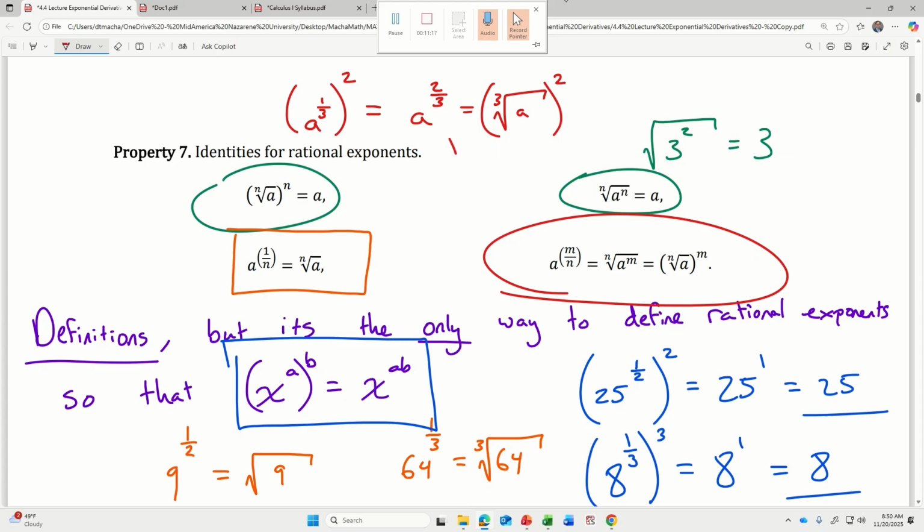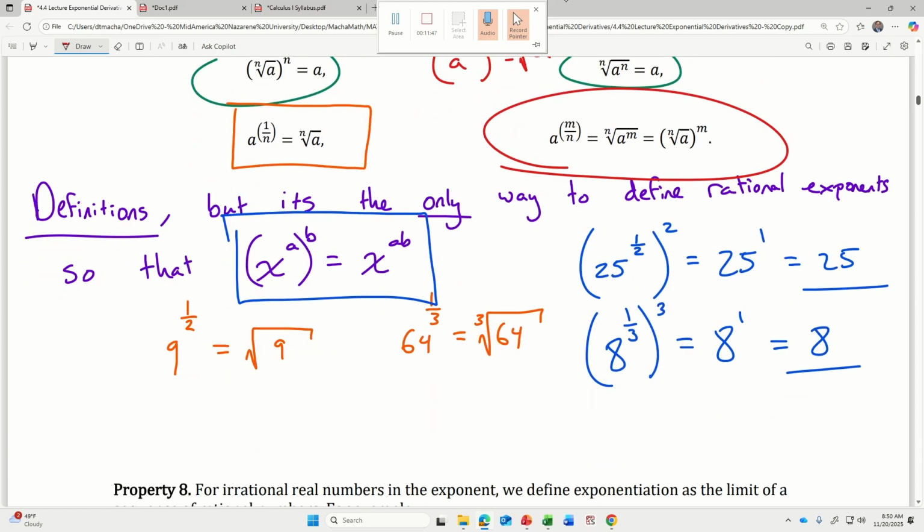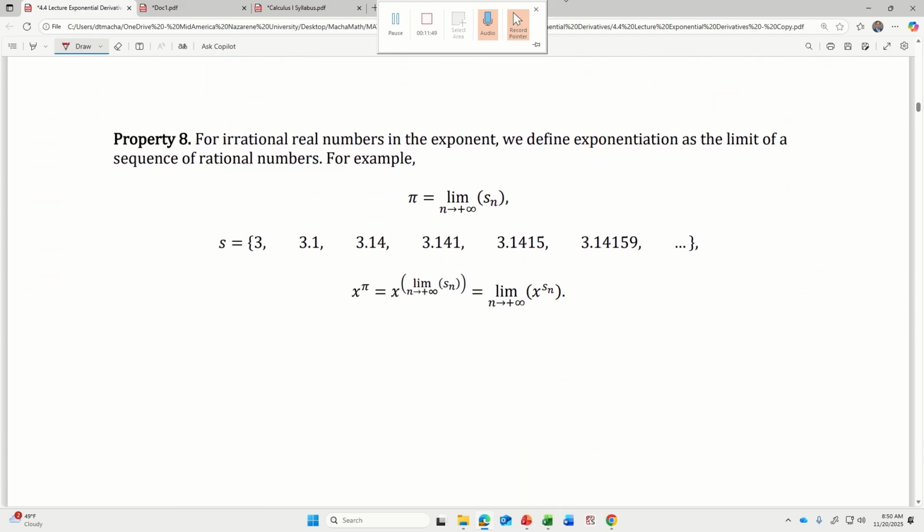And besides, that's the same thing as a to the 2 power raised to the 1/3, isn't it? Because of the exponent power rule. So that's the same thing as the cube root of a squared. In other words, it doesn't matter what order you take the cube root and the square, whether you take the cube root first and then square it, or the square first and then cube root it, it's the same thing. So this is why we chose to define rational exponents this way, because it's the only way to keep that exponent power rule.